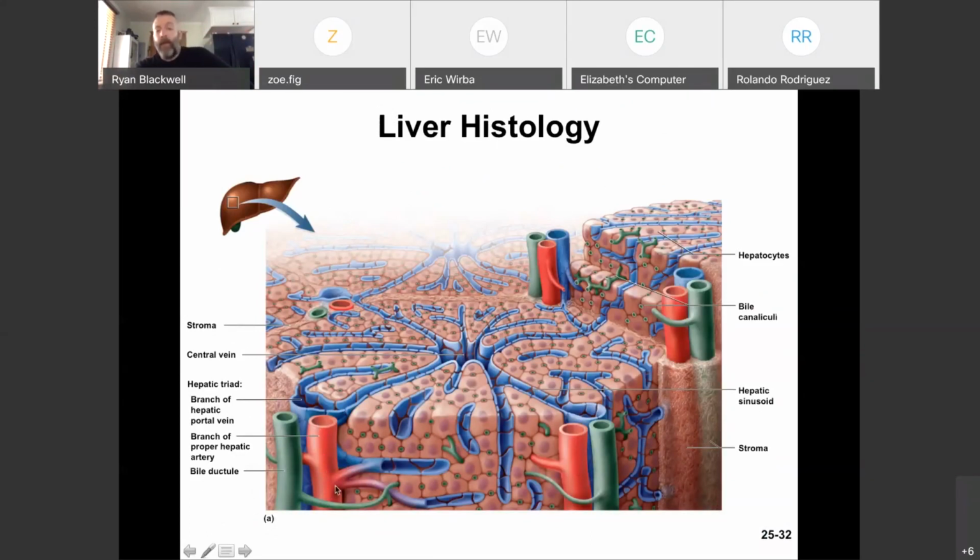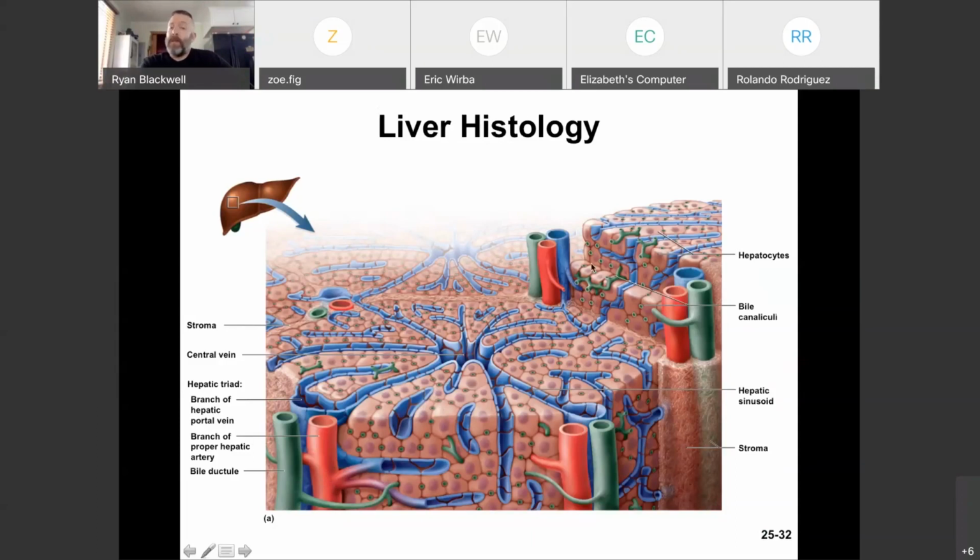Hemoglobin breakdown byproducts are going to mix with cholesterol and flow through the sinusoid, and as they're flowing through the sinusoids, these hepatocytes are going to remove those substances, combine them together to make bile, and then bile exits from the inside out through these bile ductules. There's a series of the smallest little channels for bile called canaliculi.